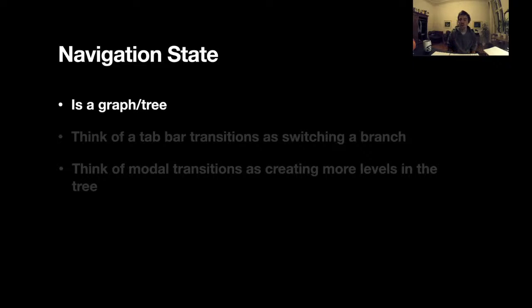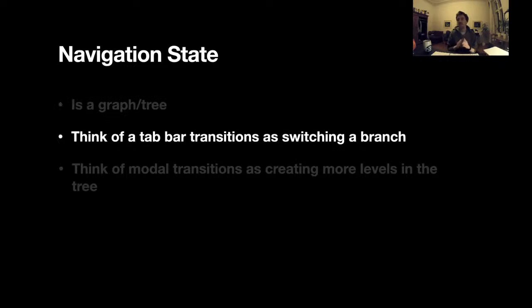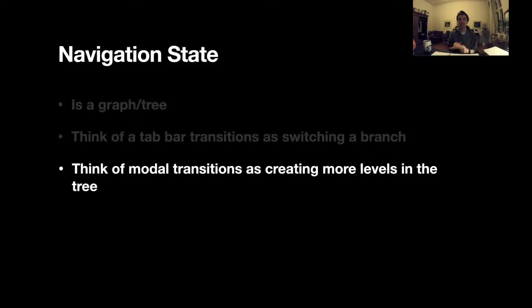Imagine you can have 3 screens on one branch and 2 screens on the other, and you can immediately transition from one branch to the other. So it looks more like a graph or a tree. You can think of tab bar transitions as switching the branch, and you can think of modal transitions as creating more levels in the tree.